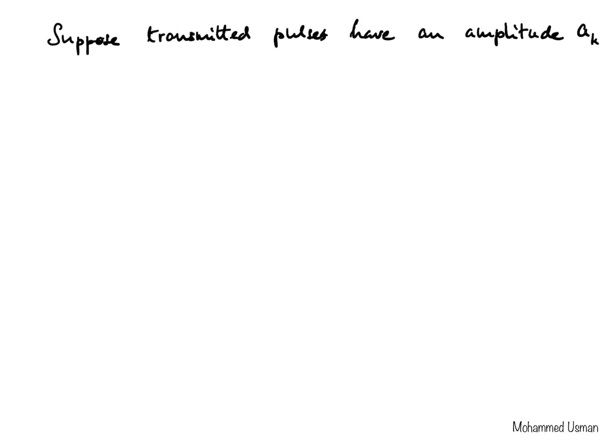Rather than 1, it can be any value. We made it equal to 1 with the rectangular consideration earlier just to simplify the analysis, but now we take it to a more general case where we have pulses of arbitrary shape and having an arbitrary peak amplitude denoted by A subscript k.